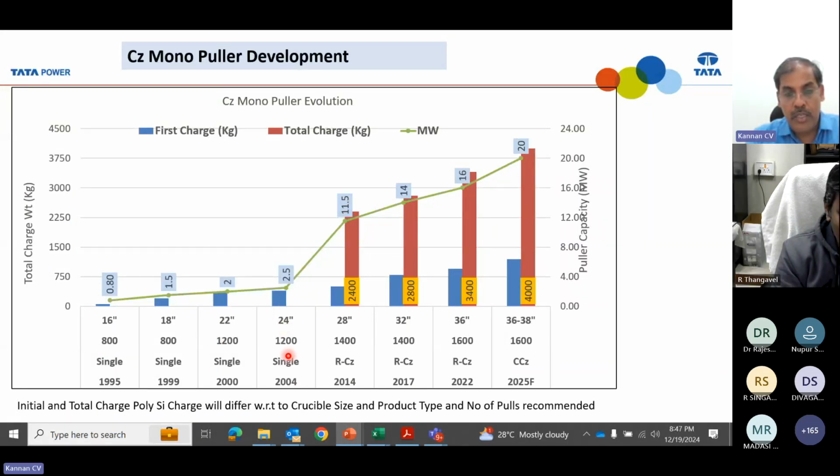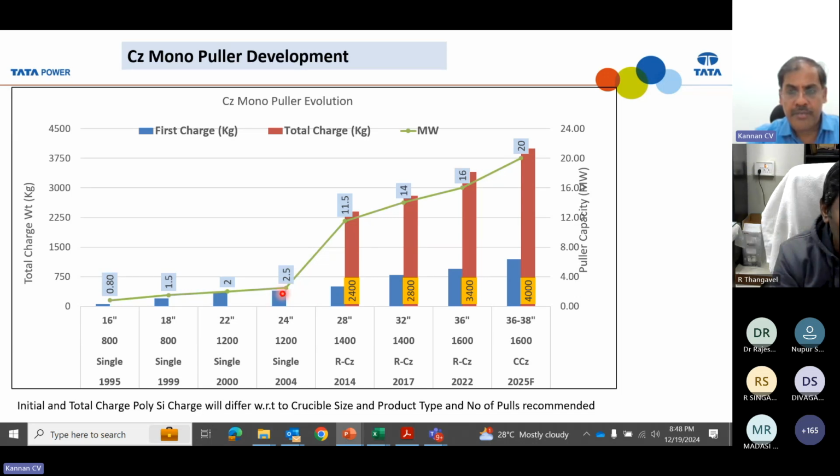Maybe in 2004, about 10 years before, the crucible where you fill the polysilicon was 24-inch. Maximum charge you can put is maybe 400 kg or 500 kg, something like that.